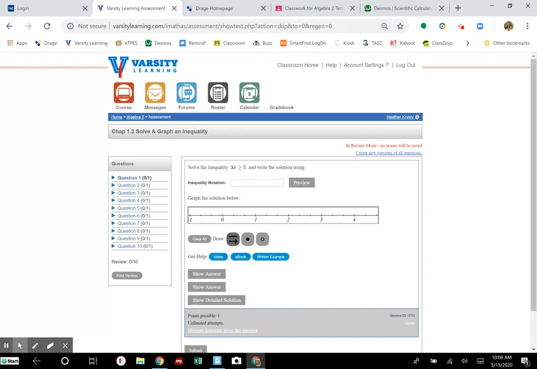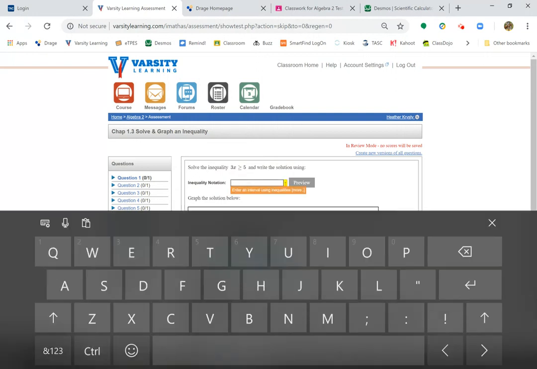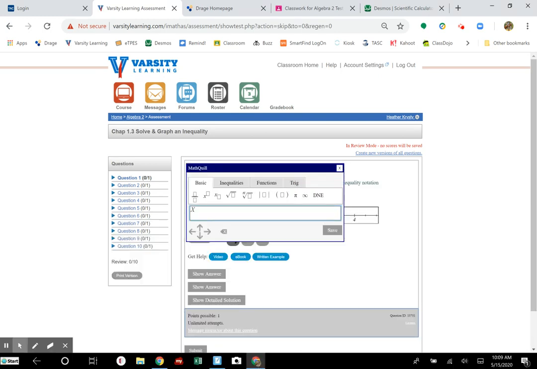Now, for your inequality notation, you can do a couple things. You can type in your x and then go to your builder. And in here, you'll notice you have an inequality tab, and you have your less than, greater than, less than or equal to, greater than or equal to, and you can put in your greater than or equal to, and then we had 5/3.